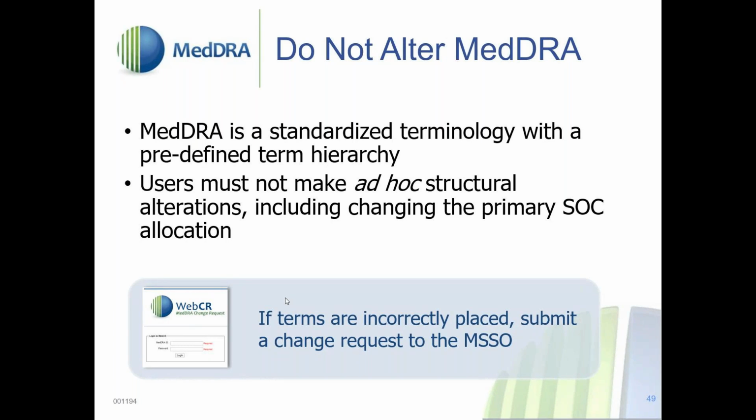So if you think that there should be another secondary linkage for a given PT and it's not there, do not do any alterations in the MedDRA hierarchy. Even if your database allows you to do so, just submit a change request to the MSSO.